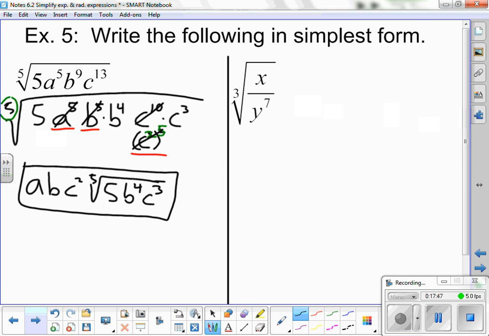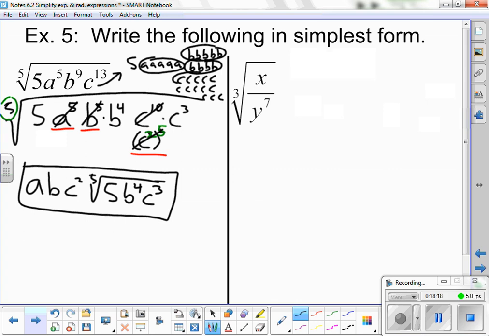Now, the other way you can do that is to prime factor this. So that'd be 5, 1, 2, 3, 4, 5, b, do 9 b's, 1, 2, 3, 4, 5, 6, 7, 8, 9, 13 c's, 1, 2, 3, 4, 5, 6, 7, 8, 9, 10, 11, 12, 13, and then find the 5s.